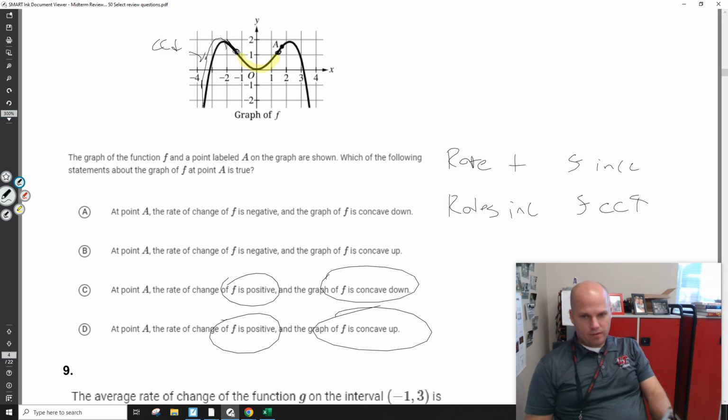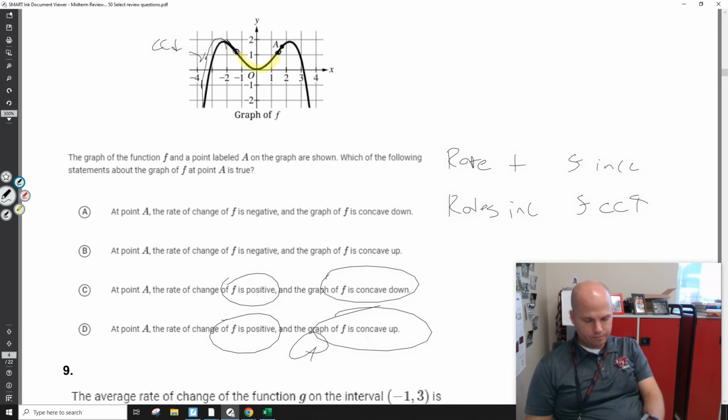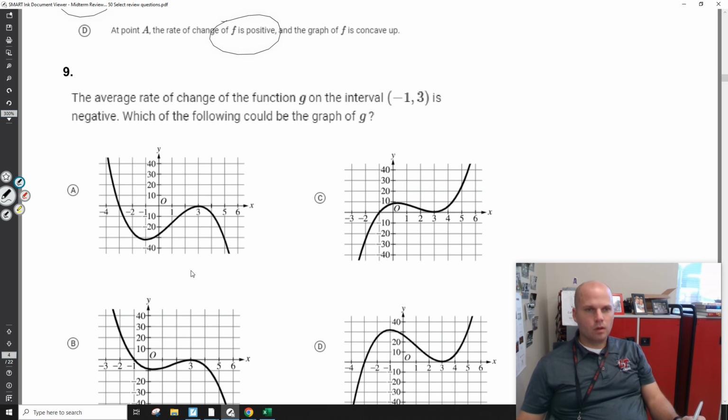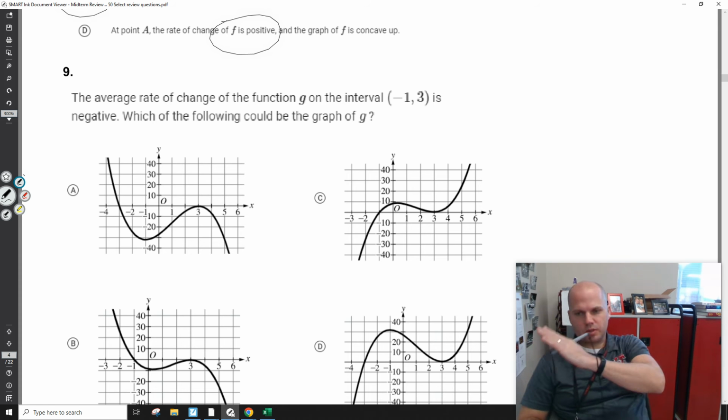We're concave down. Sorry. Increasing, concave down. See. Average rate of change is negative. That means the slope of the secant must be negative. The slope must be negative.